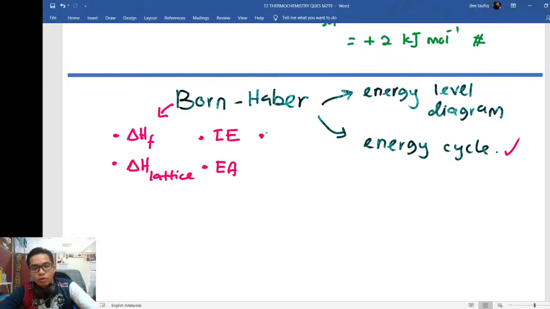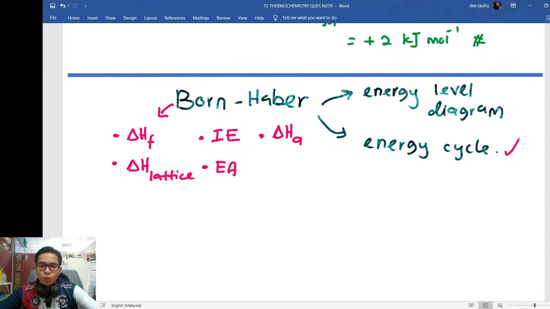It will also involve enthalpy of atomization. Okay. F for formation, lattice. IE is ionization energy. EA is electron affinity. Delta HA is enthalpy of atomization. So these are the 5 enthalpies normally involved in Born-Haber cycle.